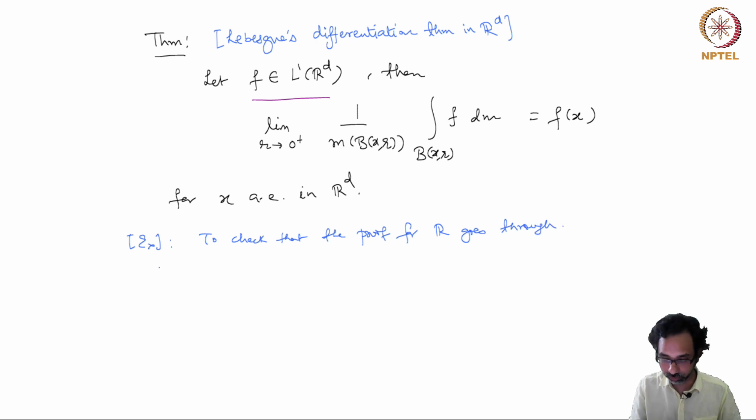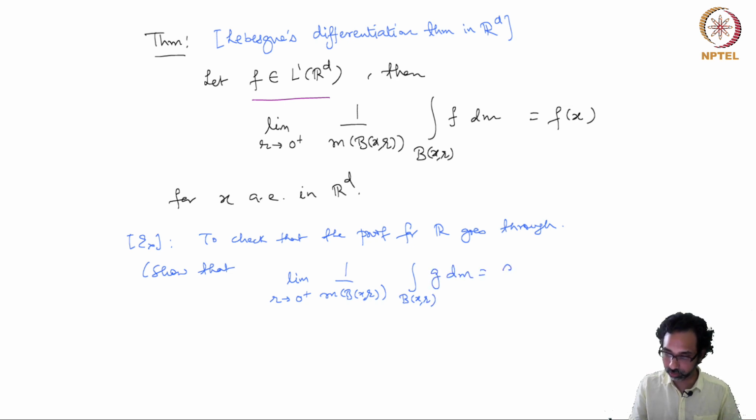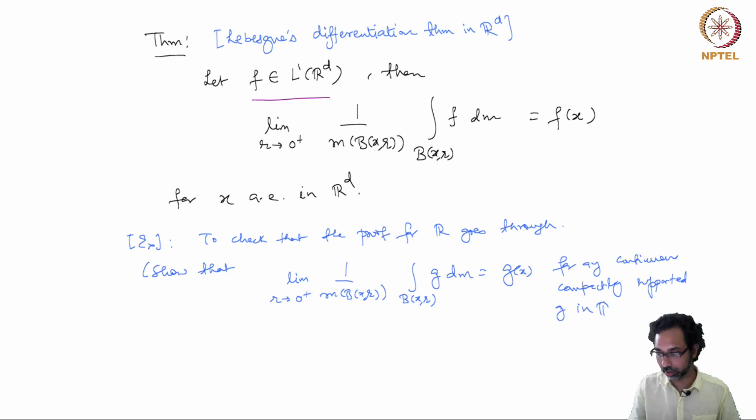In particular, you have to show that the limit as r goes to 0 plus of 1 over the measure of B(x,r) times the integral over B(x,r) of g dm is equal to g(x) for any continuous compactly supported g in R^d.